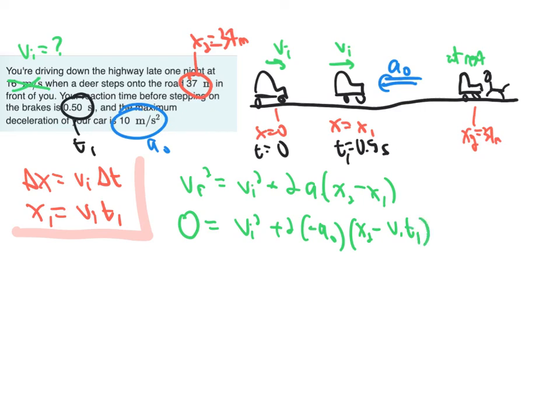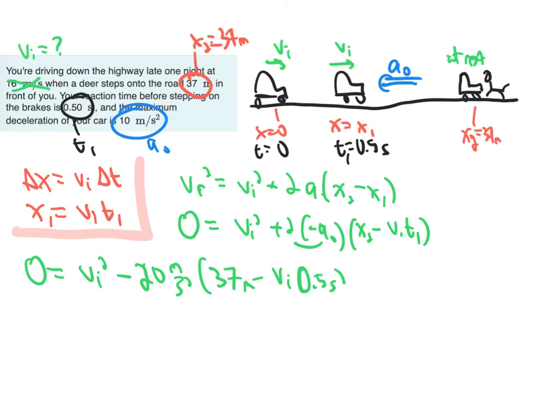So not particularly pretty, but probably solvable. 0 is vi squared plus, let's even do minus 20 meters per second squared, that's this thing, times 37 minus vi times 0.5 seconds.